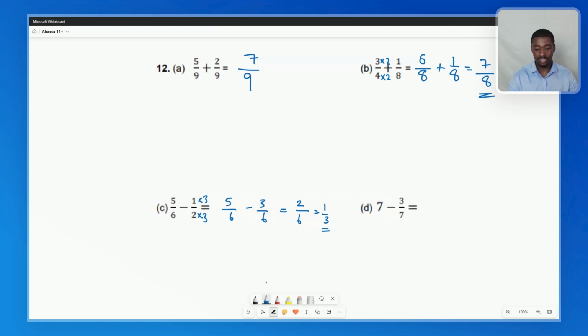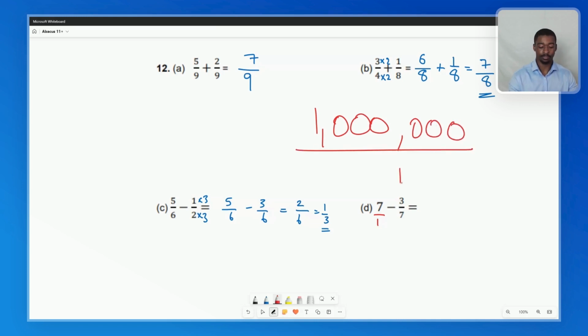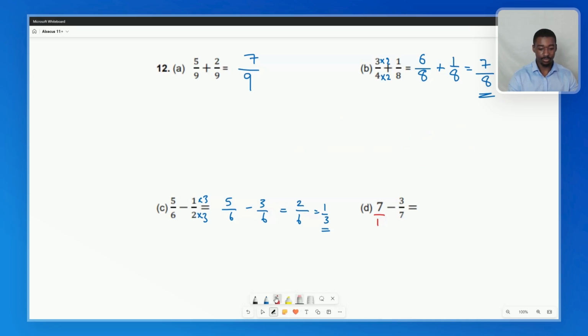Now here the trick is understanding that 7, yes, it's a whole number, but it's the exact same thing as 7 over 1. Any number is the same as that number over 1. We could have a million, and a million is still the same thing as a million over 1. So let's rub this out. If we have 7 over 1 minus 3 over 7, we do the same thing, common denominator.